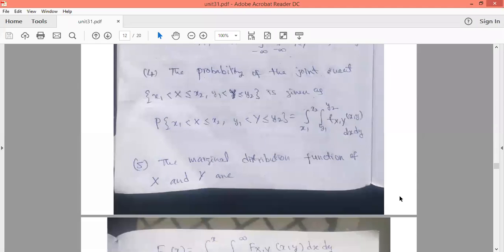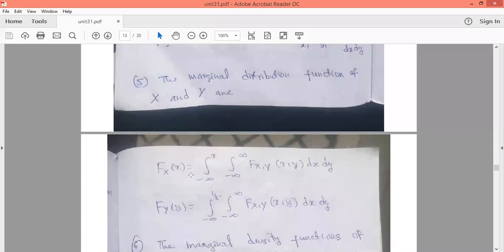Now if you want to obtain the marginal distribution functions, we know what the marginal distribution function capital F_X(x) is. Here y will be infinity, so we do the integration from minus infinity to plus infinity for the y term, whereas the x term has the integral from minus infinity to x.